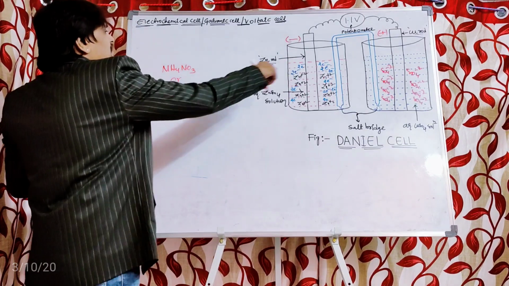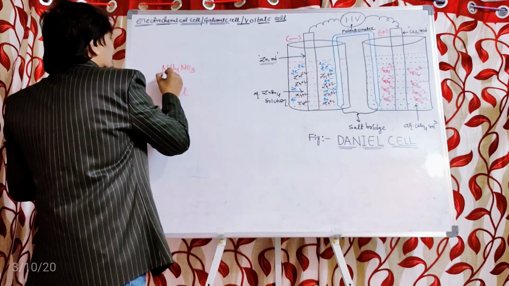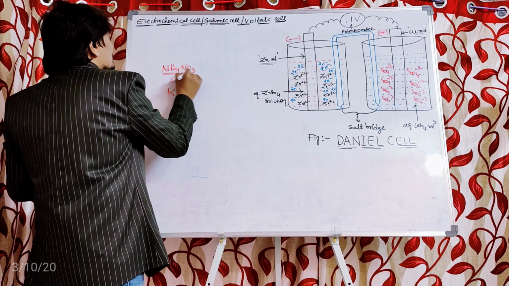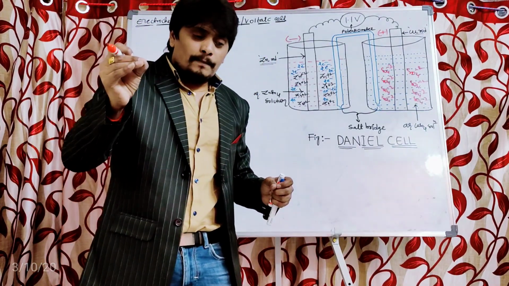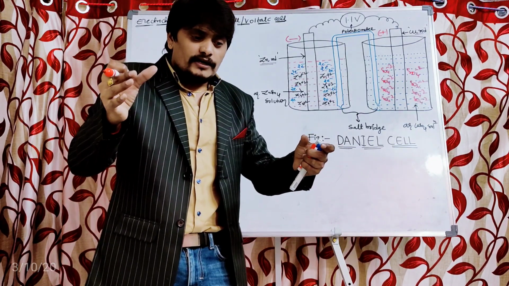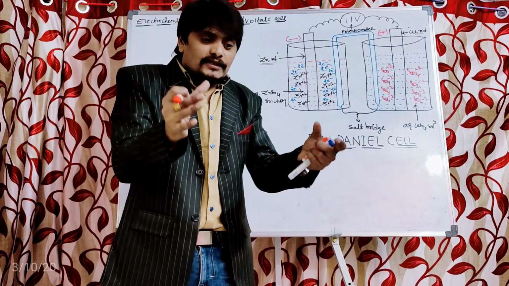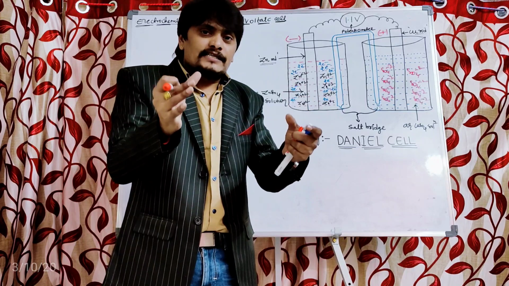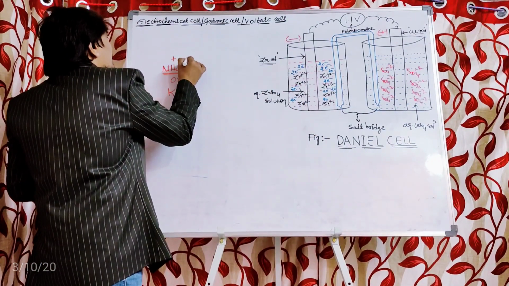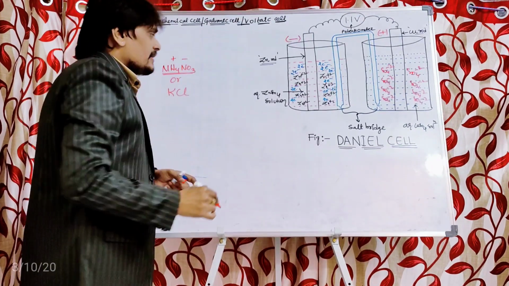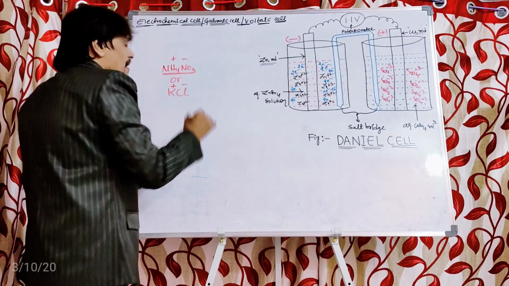Let us say this particular salt bridge comprises ammonium nitrate salt. Ammonium nitrate means it comprises NH4 plus and NO3 minus, right? KCl means K plus and Cl minus.